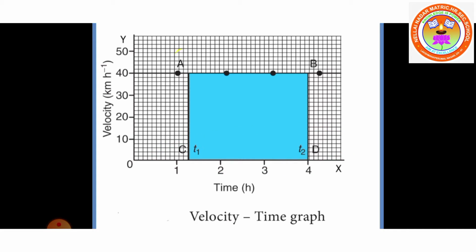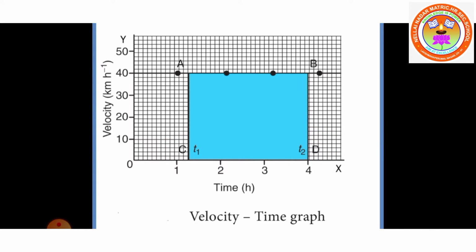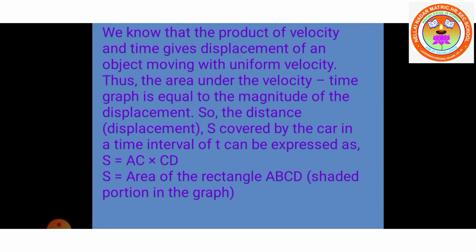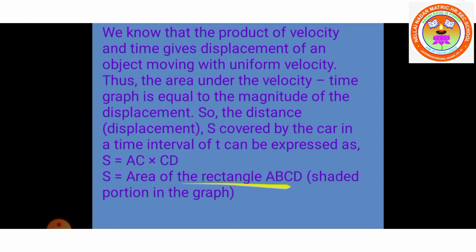If you take the product of AC and CD, that is the product of change in velocity and change in time, which gives the displacement. So the displacement is calculated as S is equal to AC into CD. Here we are taking length and breadth, so that gives the area of the rectangle ABCD.